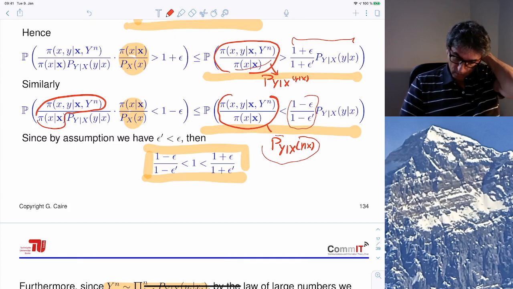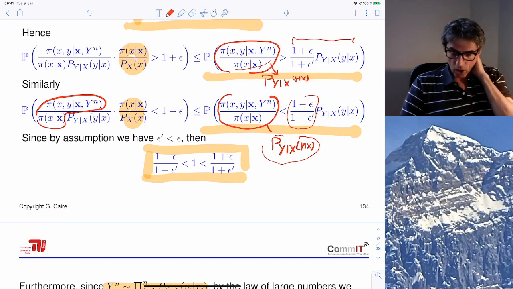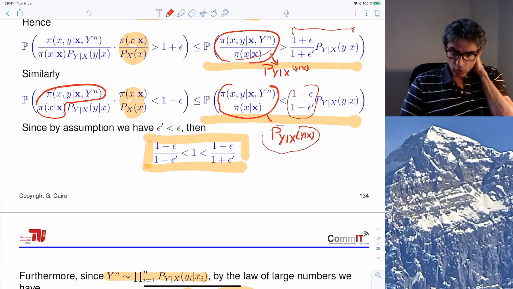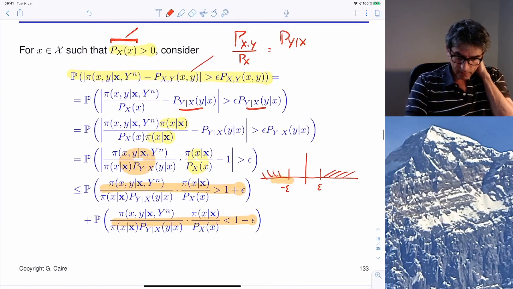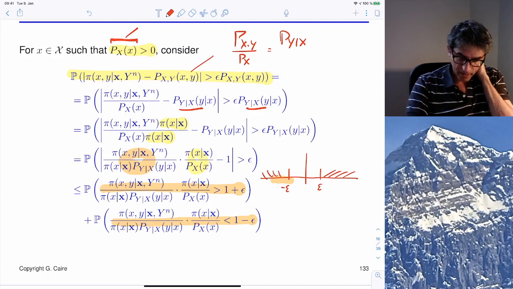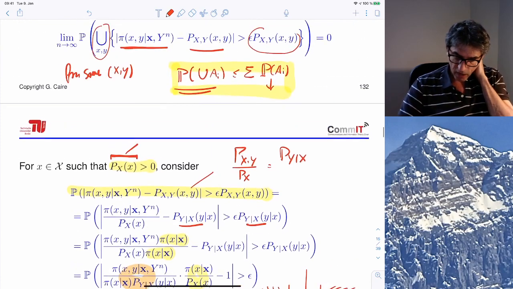Okay, so basically this shows that both these two probabilities go to 0, and then we work backward. The probability of the individual event for a fixed pair x and y is 0. We sum over all.